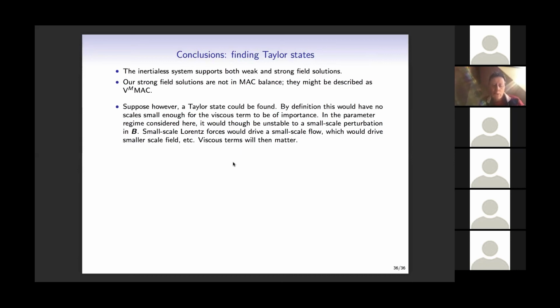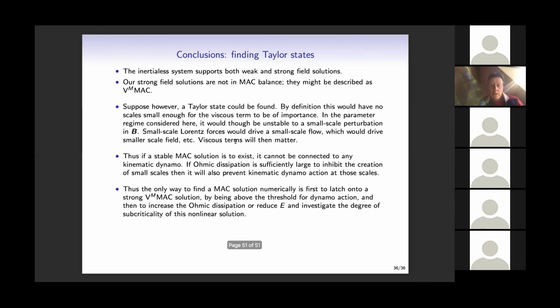That's what we're finding. And you'd get small scale Lorentz forces, small scale flows, smaller scale fields, and viscous terms will kick in. So even if we, by sneaky means, constructed ourselves a Taylor state, we are in a regime where the small scale magnetic field would destroy it. So there's no hope of getting a Taylor state in the regime we are at the moment.